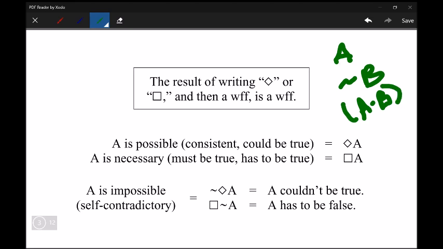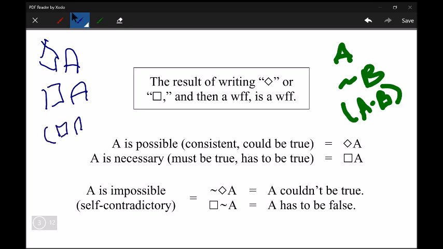Okay, and there's a new way of writing a WFF. The result of writing a diamond or box and then a WFF is a WFF. So possible A is a WFF and necessary A, or you could have if necessary A, then possible B or C or whatever. You can do more and more complicated WFFs.